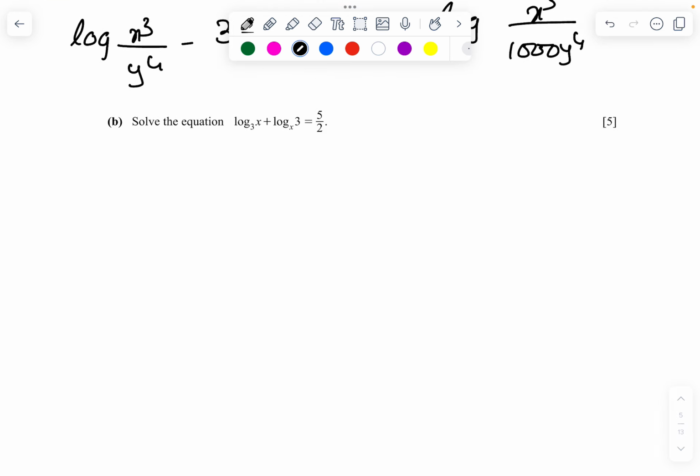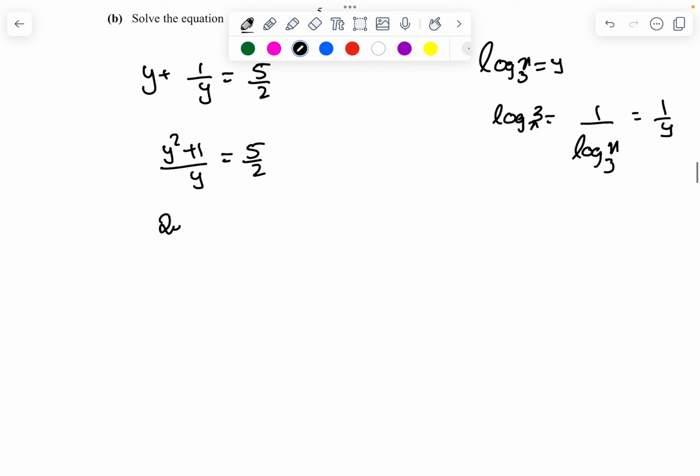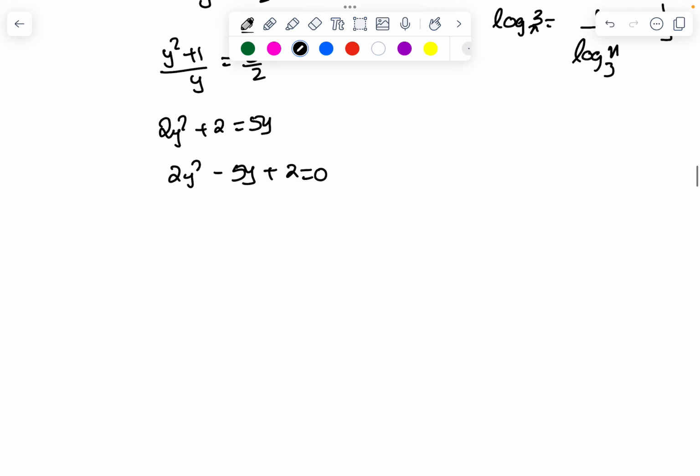Solve the equation. So let log x to the base 3 equal y. So log 3 to the base x will become 1 by log x to the base 3, which equals 1 by y. So y plus 1 by y equals 5 by 2. So (y square plus 1) by y equals 5 upon 2. 2y square plus 2 equals 5y. 2y square minus 5y plus 2 equals 0.